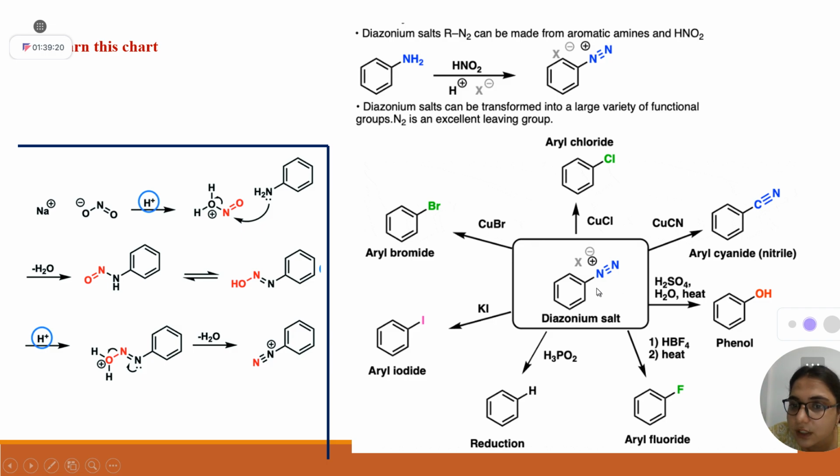Any nucleophile will come and displace N2. If you do H2SO4, this will form phenol. HBF4 with heat gives aryl fluorides. If you do H3PO2, you will get benzene back. If you do KI, it will form aryl iodide.